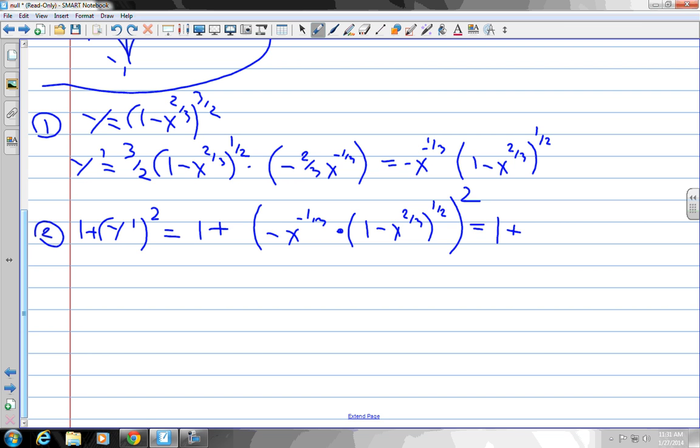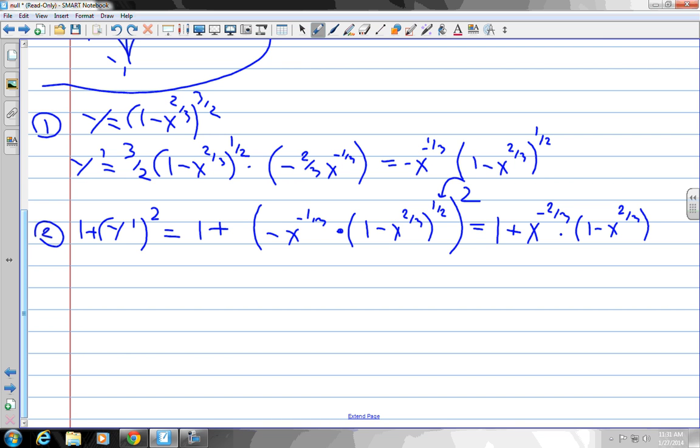So negative goes away, the power becomes x to the negative 2/3, right? You multiply powers by 2, and then when you square 1/2, what's going to happen to that? It becomes 1, so it's times 1 minus x to the 2/3. Which negative? Well, this negative goes away because I'm squaring it.